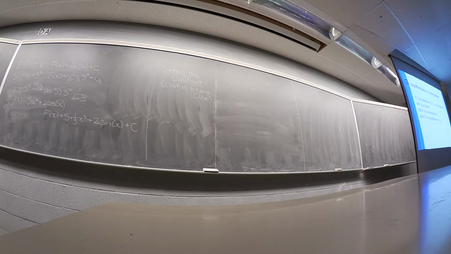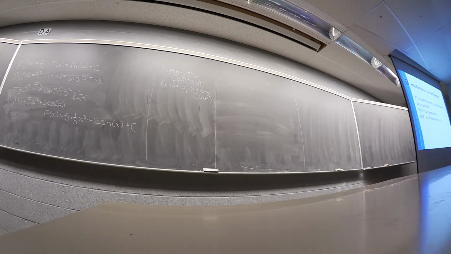So more generally, if we're given the derivative of a function, we can anti-differentiate to get the function up to an arbitrary constant or a vertical shift. If we're additionally given a point on the graph, then we can fix the constant, and that lets us fix one particular antiderivative. We'll do an example in a second. Okay, let's do an example.